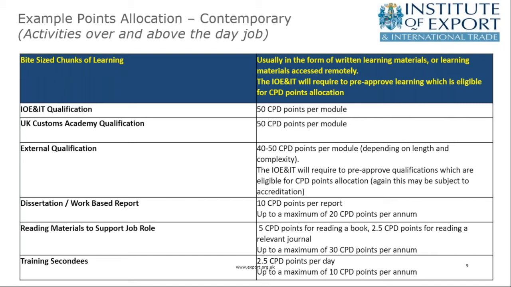So that's just to give examples, which again are from the website link provided, of different ways of earning CPD points. If you feel there's any other areas of CPD that you want to potentially claim for, please feel free to ask the question, and we can give some feedback hopefully during the webinar today.